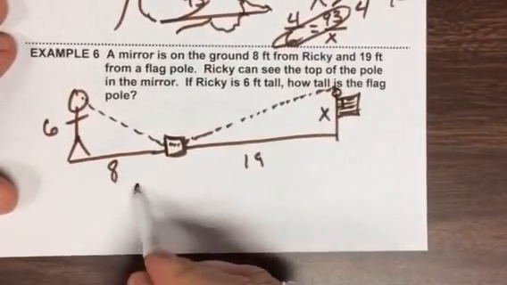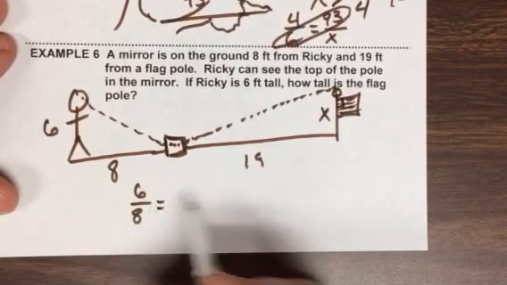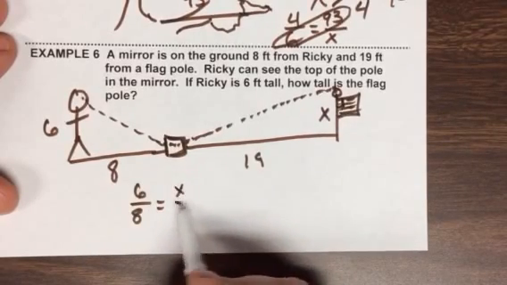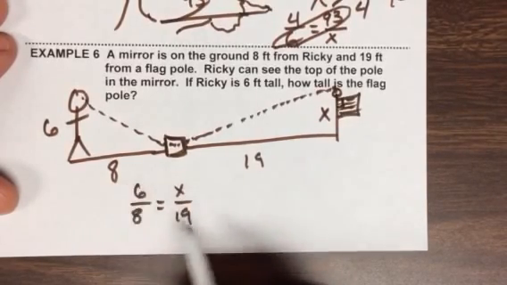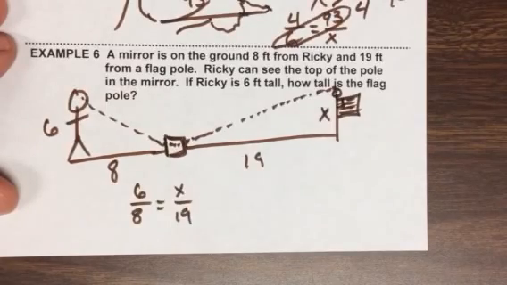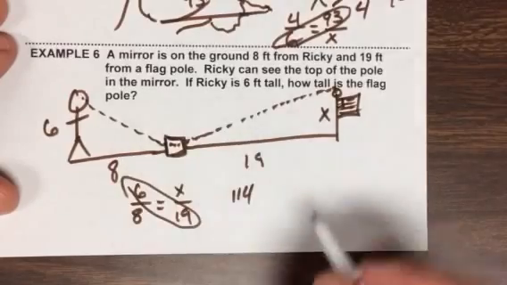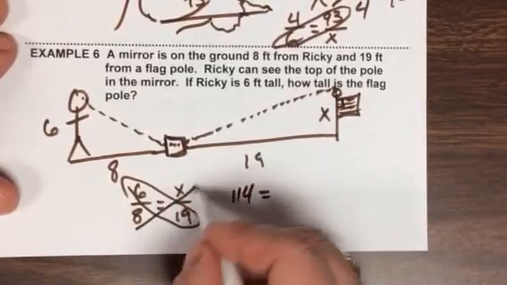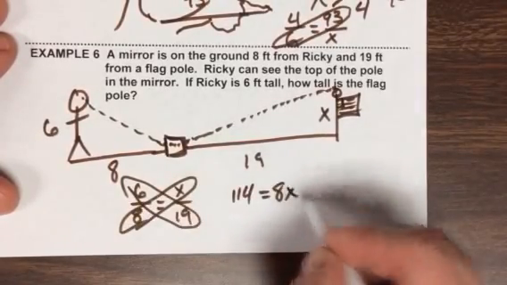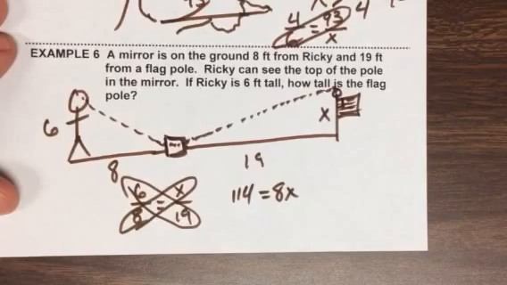So we're going to say 6 over 8 is equal to x over 19. Multiply it together. 19 times 6 is 114, which is equal to 8 times x. Divide both sides by 8.